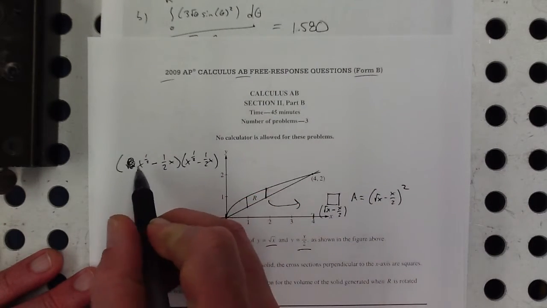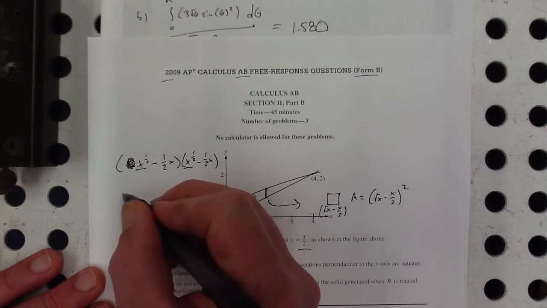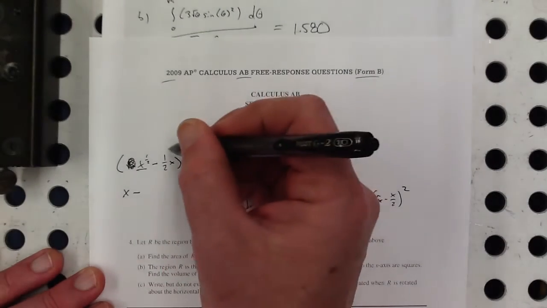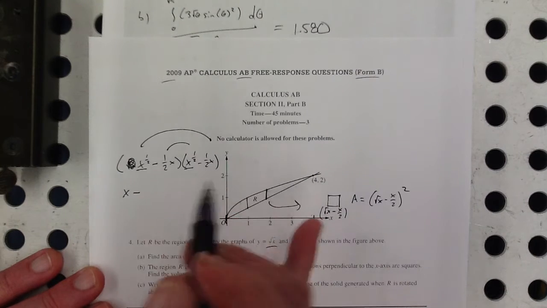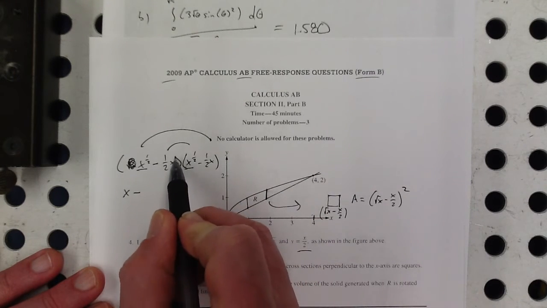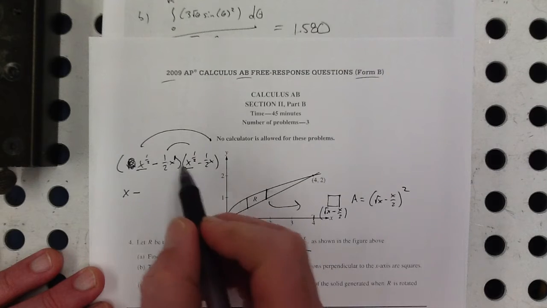So let's see how we can do. X to the 1/2 times x to the 1/2. We add the exponents, that's x to the 1. Minus, now I'm going to do the outside and inside of the FOIL. Now I'm squaring this, so those are both the same. So this is minus 1/2 x to the 3/2. I'm adding the x to the 1 and the 1/2, add the exponents there.